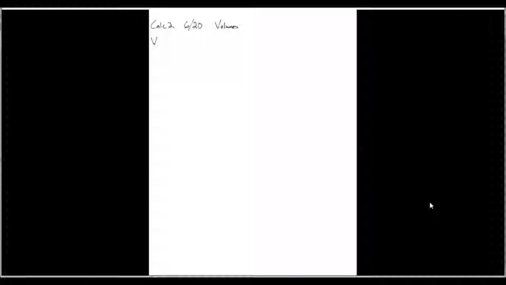I'm going to have this volume, and I'm going to set it equal to this integral from a to b of A of x dx. And this A of x is an area function.